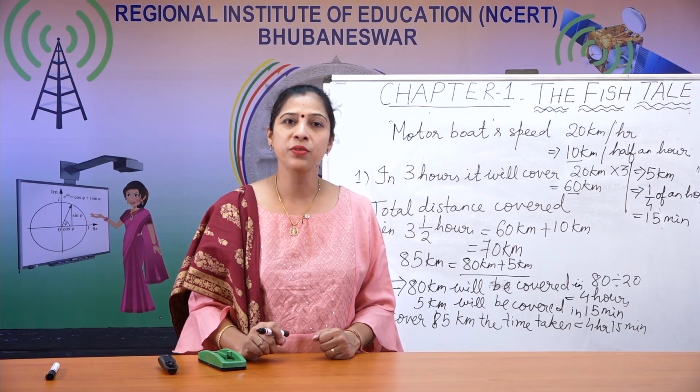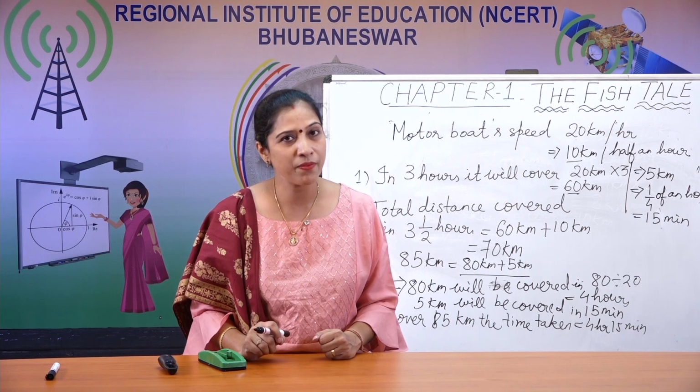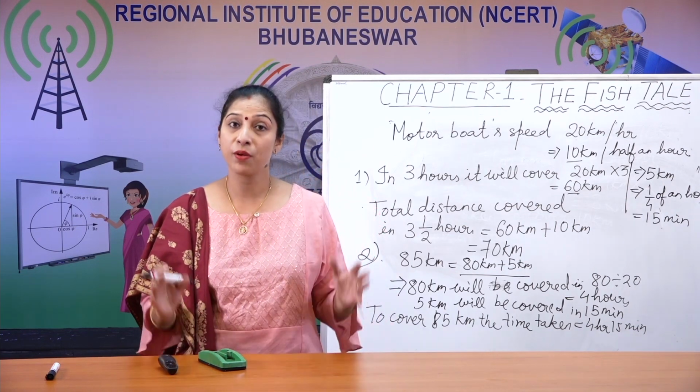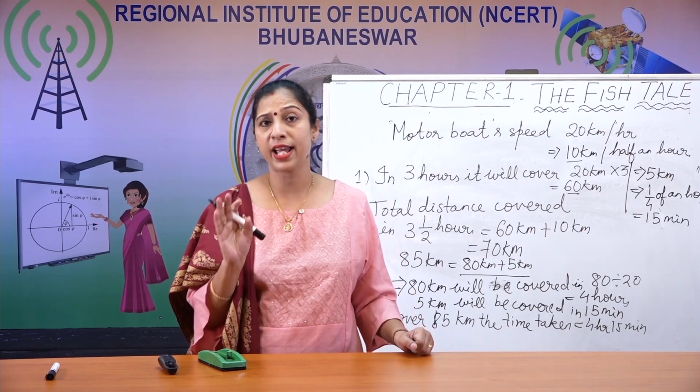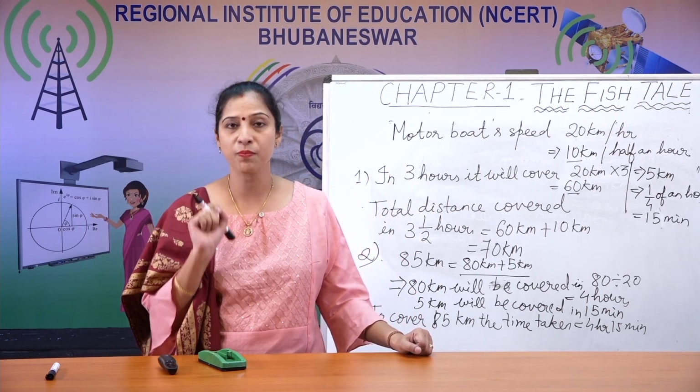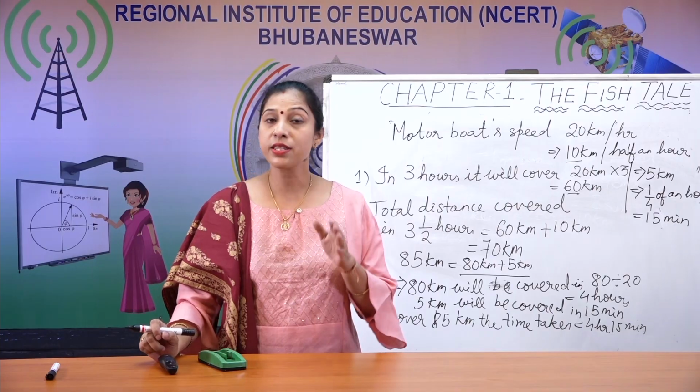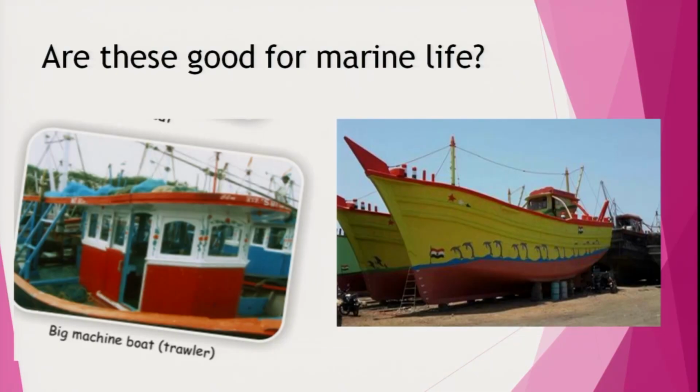So what they do, they do not catch the small baby fish. They leave them behind. They only use those nets which are used for catching big fish, not the small ones. But these trawlers, when they go to catch fish, use all kinds of nets to catch the maximum amount of fish.